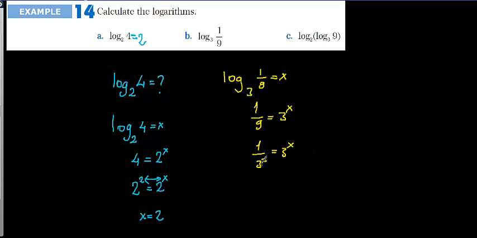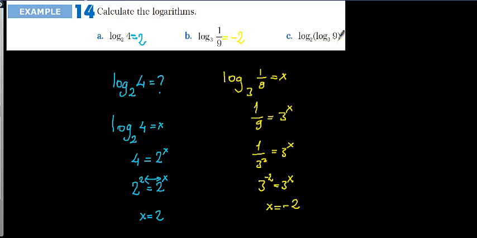But if I write this up, the power becomes minus, and it is equal to 3 to the power of x. Then x will be equal to minus 2, which means that the logarithmic expression result here equals minus 2.